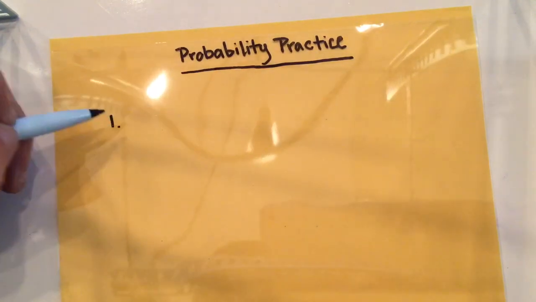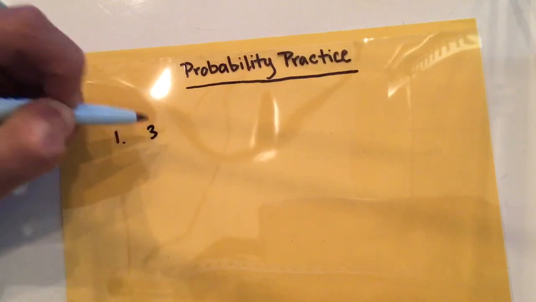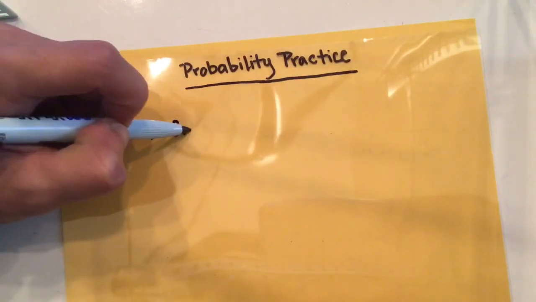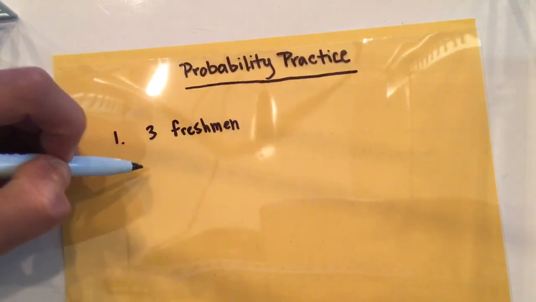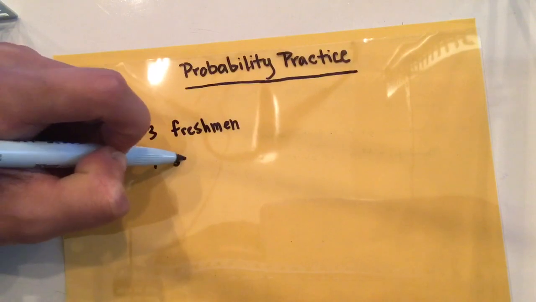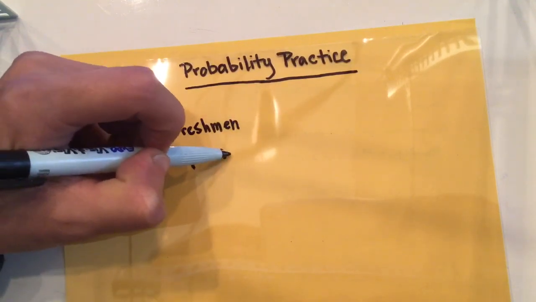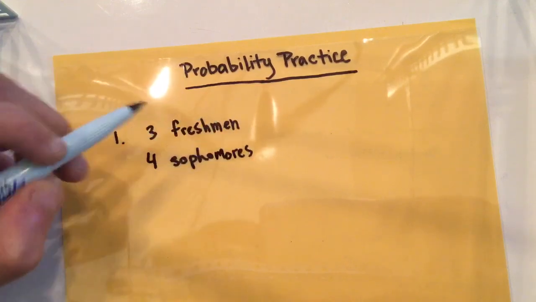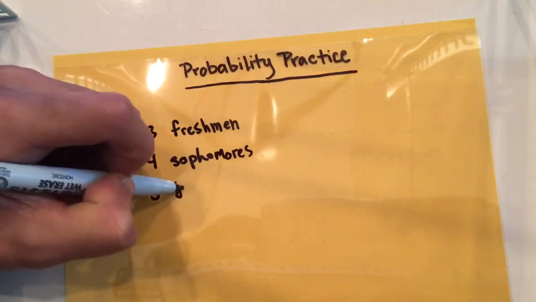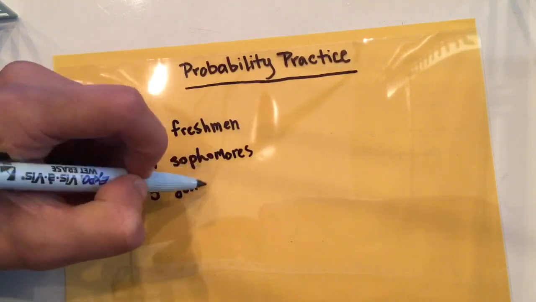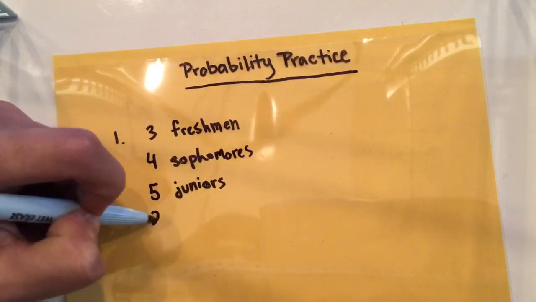So number 1, boom. It tells us that we have 3 freshmen, 4 sophomores, 5 juniors, and 2 seniors.